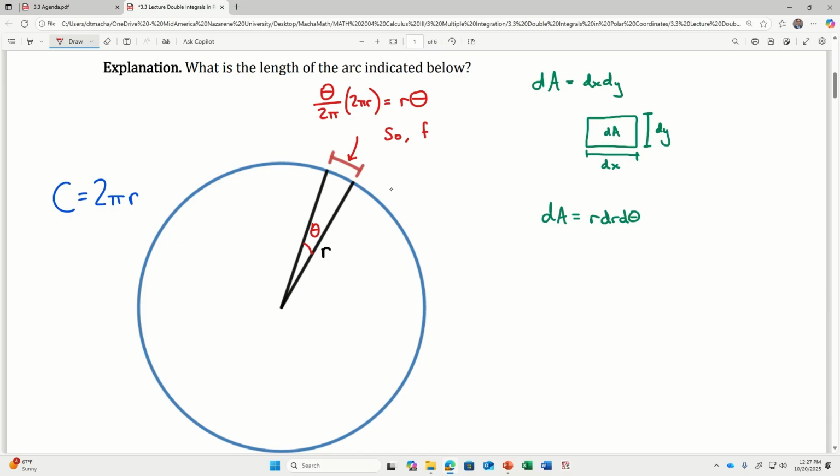So for a very little change in theta, the arc length would be r d theta.